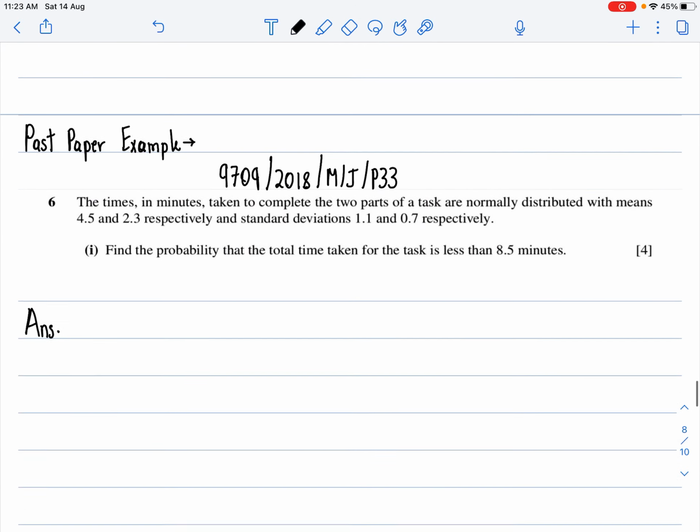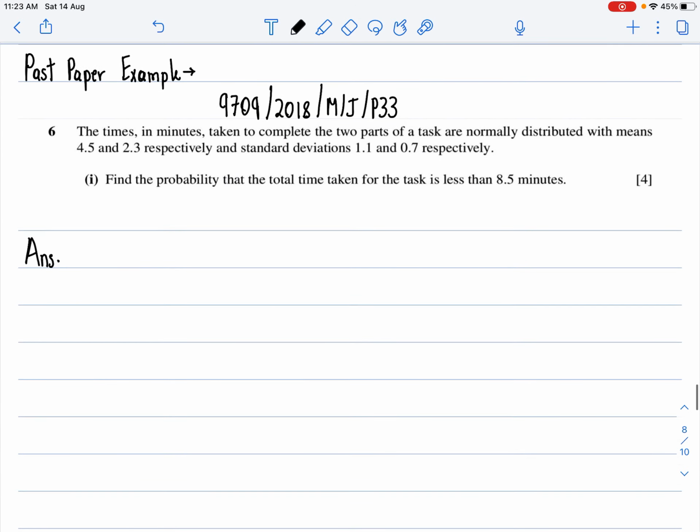Okay, so this example is from 2018, May June, paper 33. Actually not paper 33, paper 73. My bad, very sorry for the error.